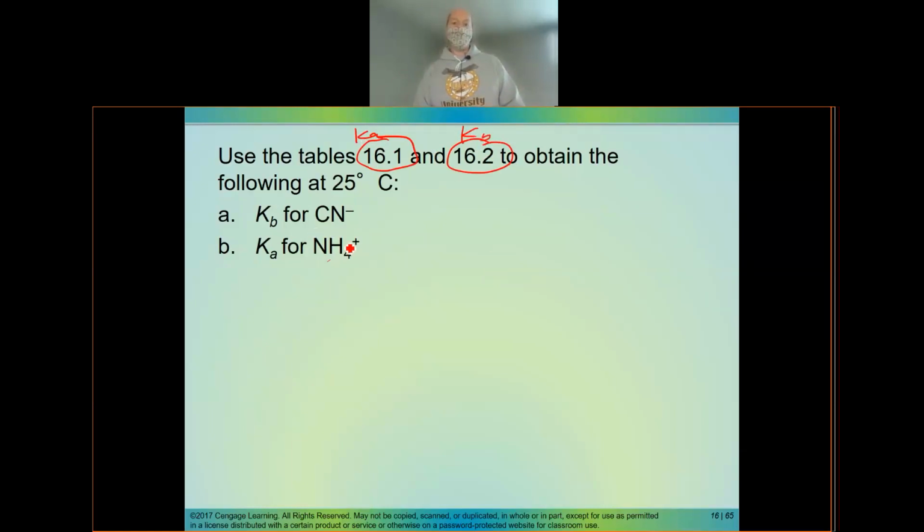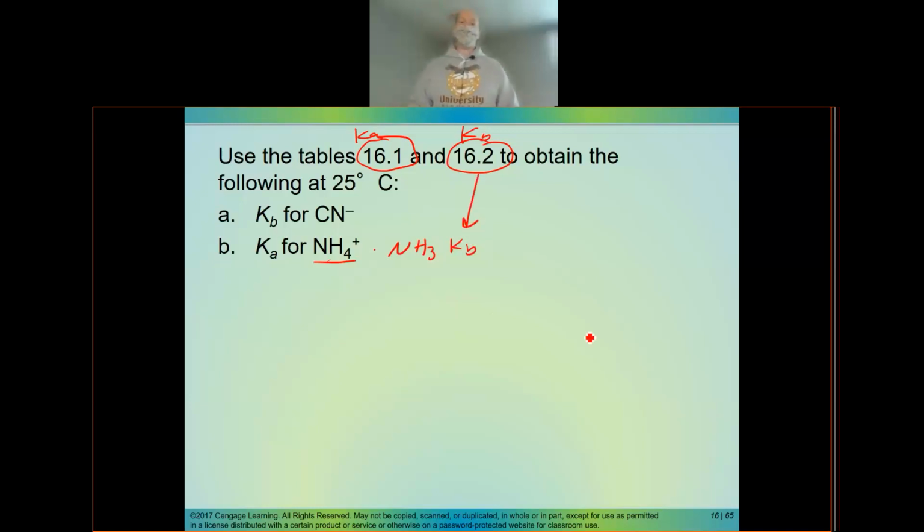There is no Ka value for NH4+ in table 16.1. But if you go to 16.2, what we find is the Kb for its conjugate base, NH3.